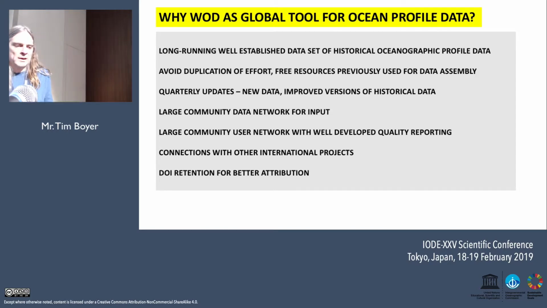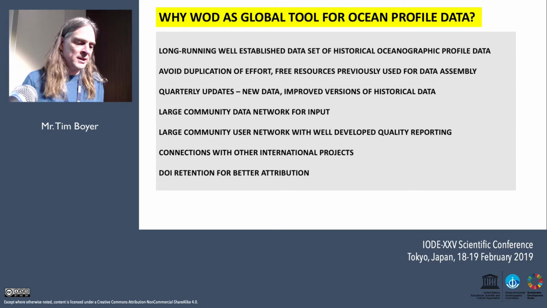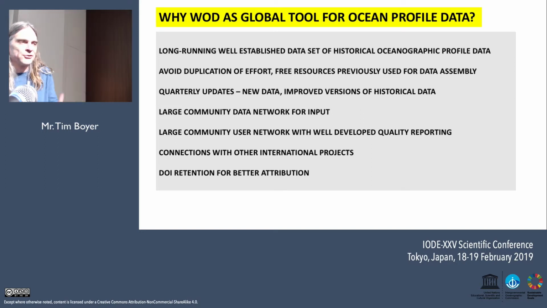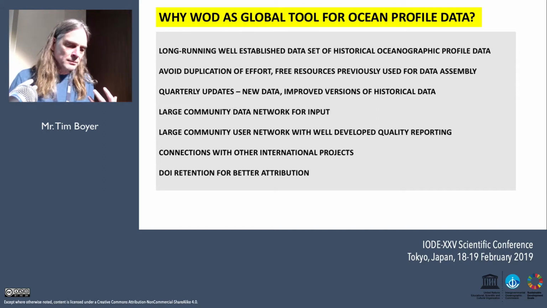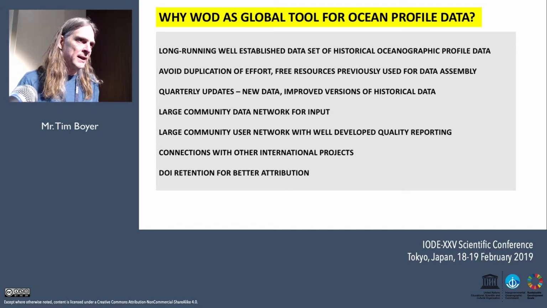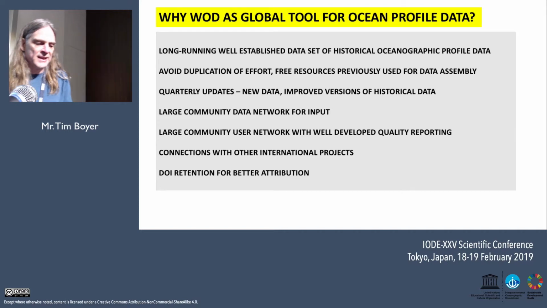I spoke about this as, I guess, kind of a wrap-up. Why use the WOD as a global tool for ocean profile data? Well, it's a long-running, well-established data set, so we have a large oceanographic community that both inputs data and uses the data. This can avoid duplication of effort.